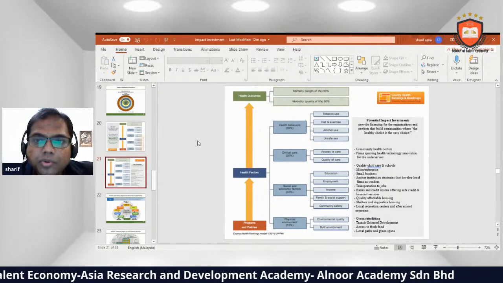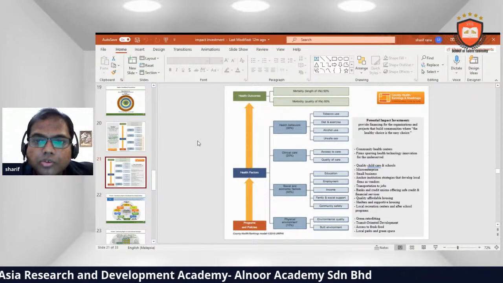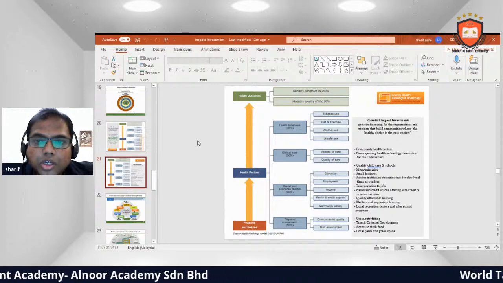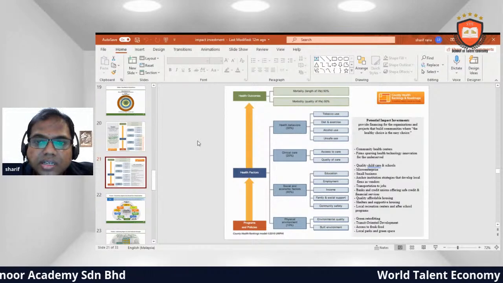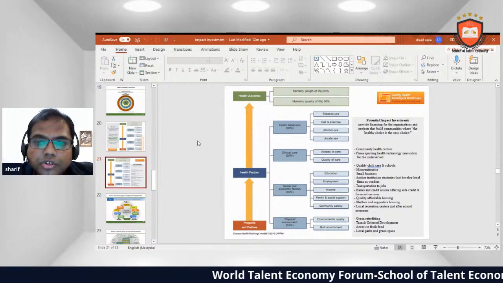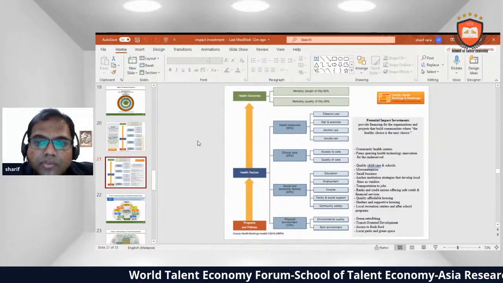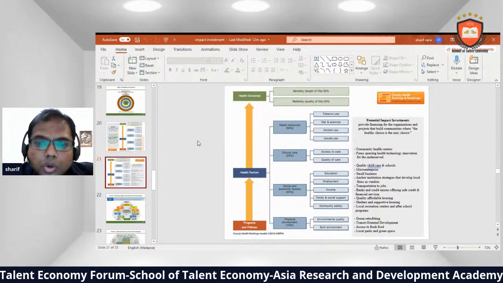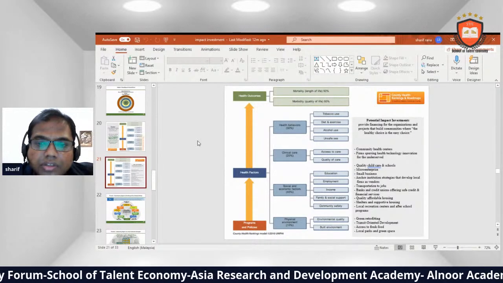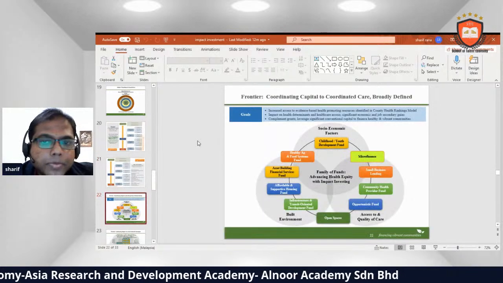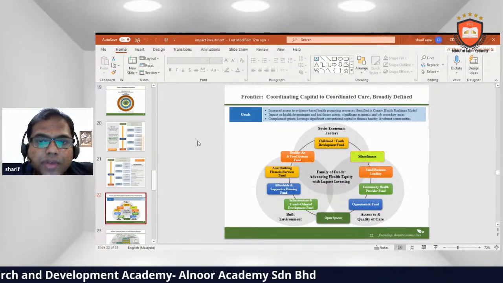Potential impact investments provide financing for organizations and projects that build communities where the healthy choice is the easy choice: community health centers, quality childcare, microenterprise, small business, anchors, transportation, banks, quality affordable housing, shelters, local recreation, green space, transactions, access to fresh food and local parks. And for social and economic factors, we have a childhood and youth development fund.